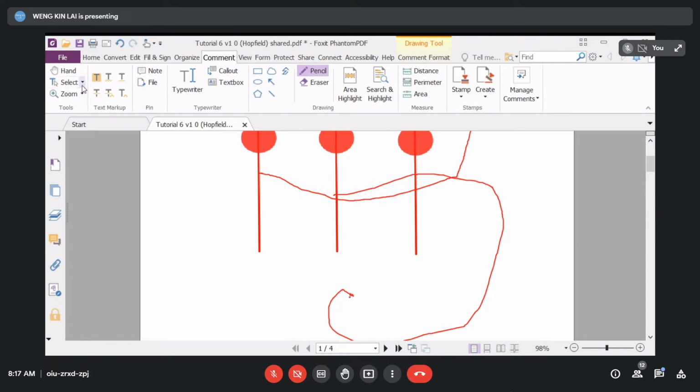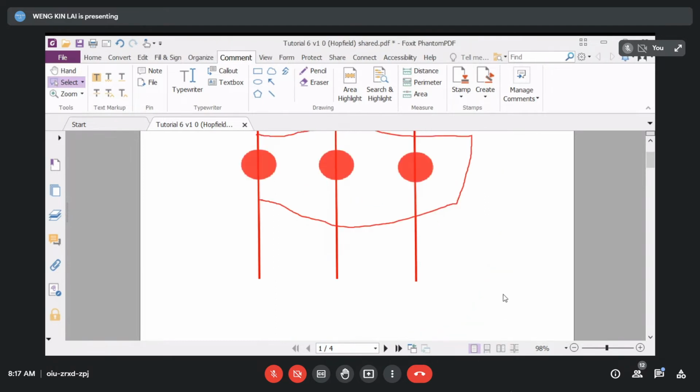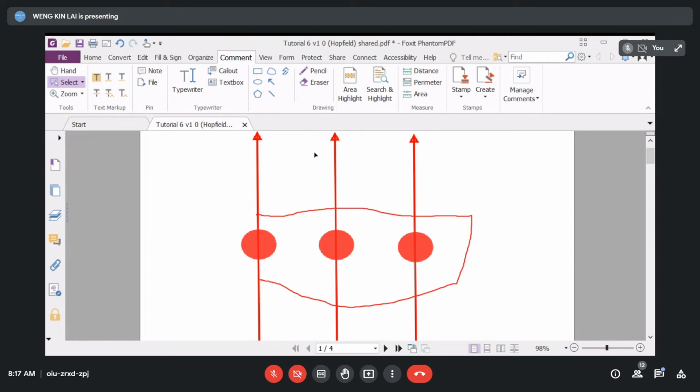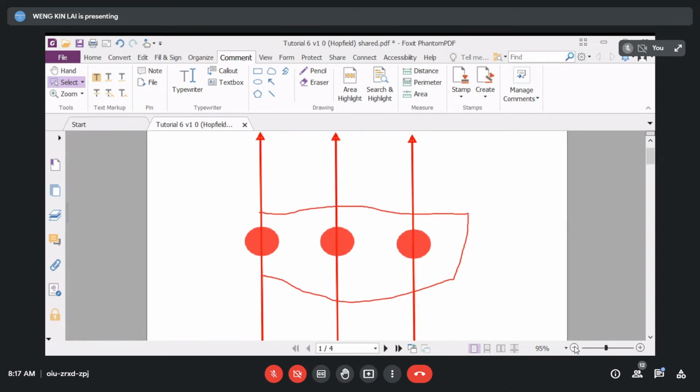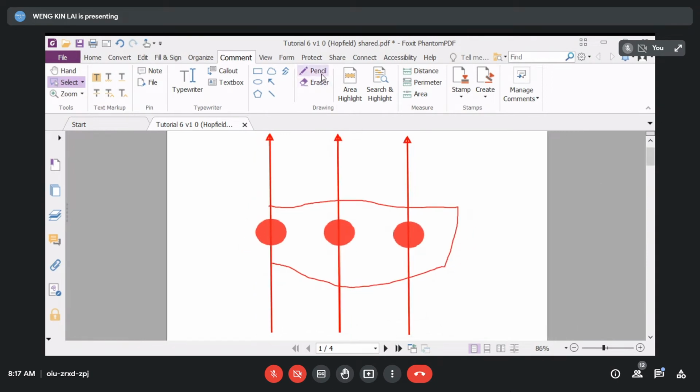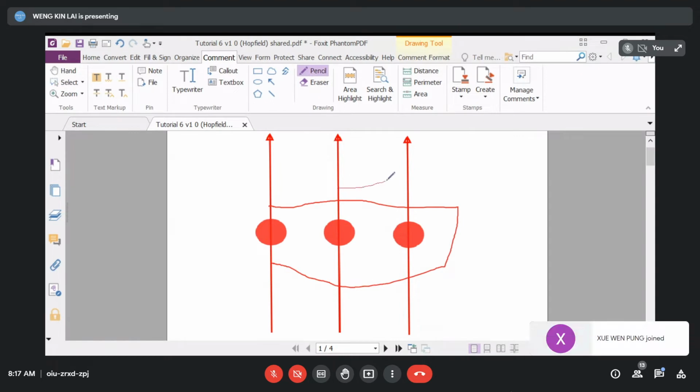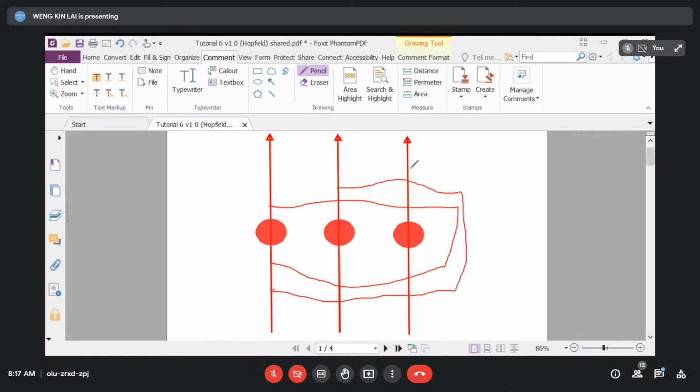I gotta erase it this way. Let's try again. Maybe let's make it smaller, easier to draw. I'm going to go all the way so you can see. Basically, I'm trying to build the feedbacks.